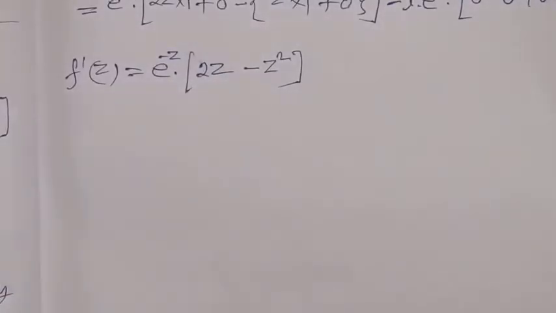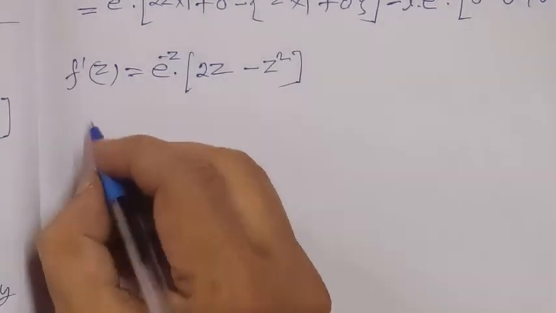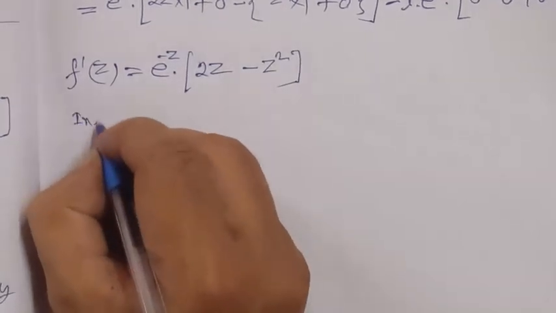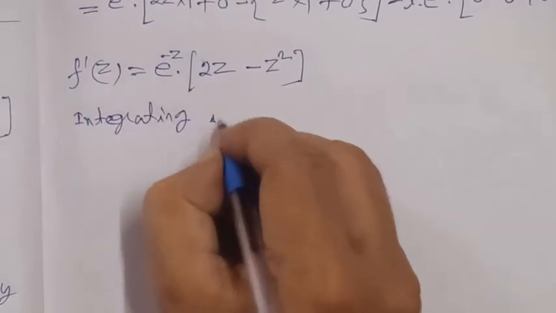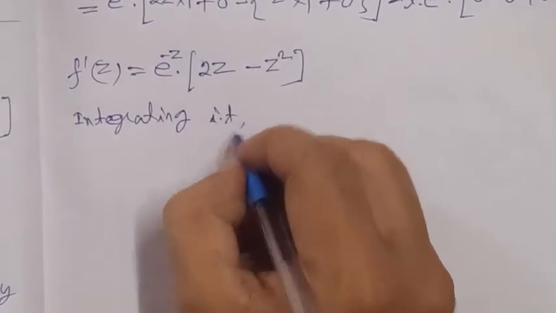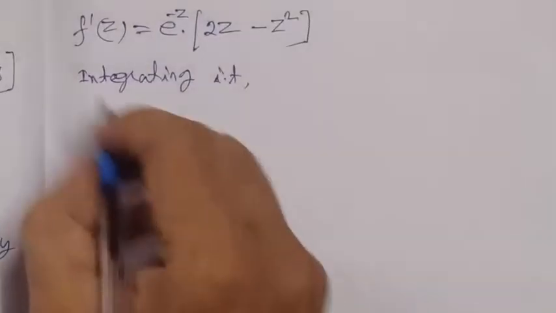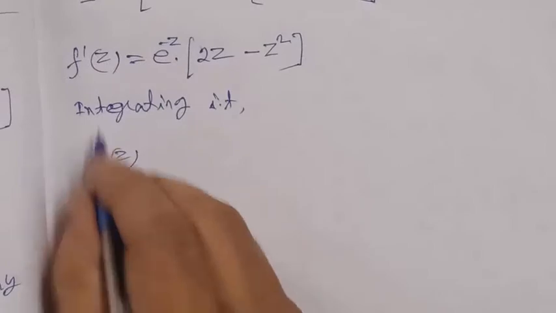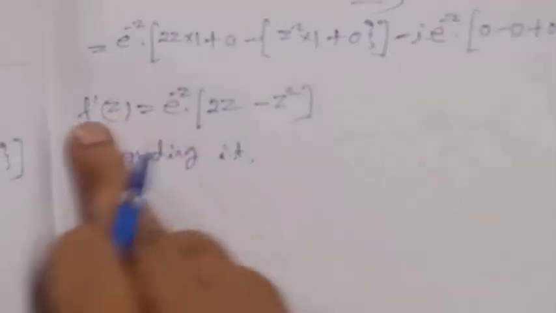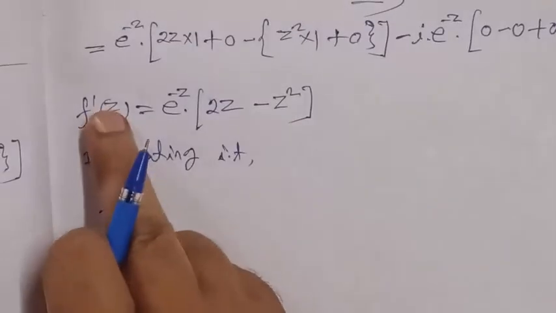So we have to integrate it. So I write, integrating it with respect to z, we get the left hand side equal to f z, because this is the derivative of f z with respect to z.